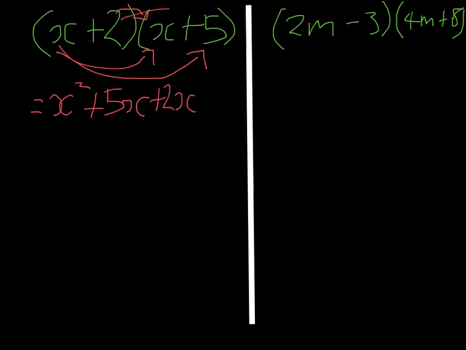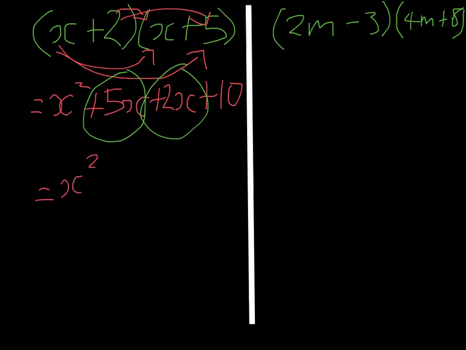And last, 2 times 5 is 10. All positives. You can see then, as I explained before, we do have some like terms. So 5x and 2x are like terms, so we can simplify this a bit further. x squared, 5x and 2x is 7x, plus 10.